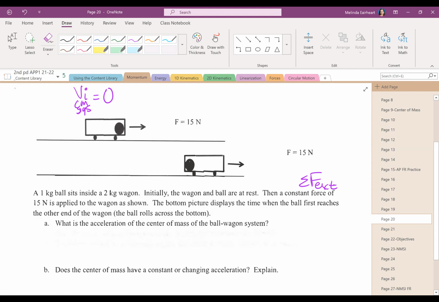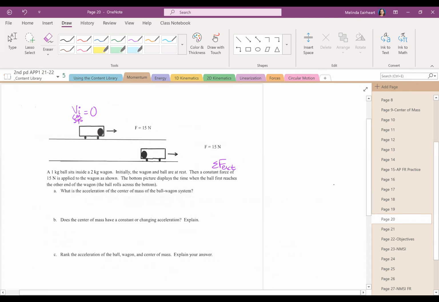We haven't covered rolling, but you don't have to worry about it for this question, okay? We'll talk about rolling with and without slipping after spring break. And so notice your center of mass of the ball is basically going to go from the front of the wagon to the back of the wagon. It's going to travel the length of the wagon, yes? And that's the timing that we're looking at.